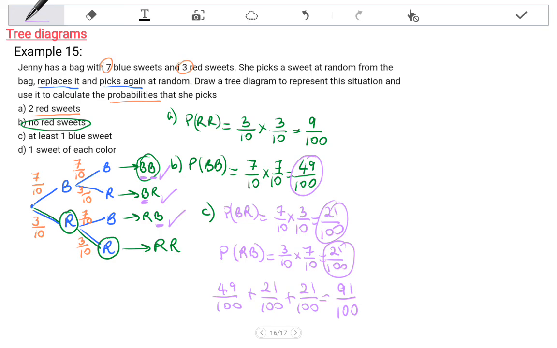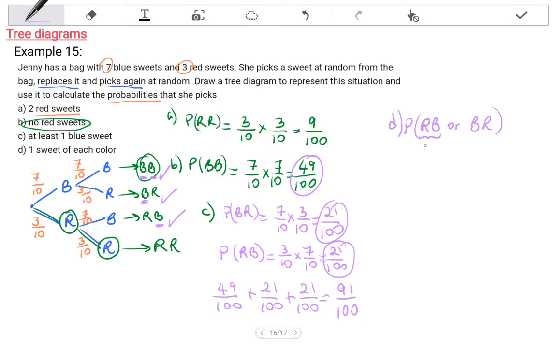Okay, in part D, the last one, we are looking for one sweet of each color. So I need one blue and one red. In choosing two sweets, I need to see one blue color and one red color as an outcome. So I have two options here. I may have a red and blue together, or I may have a blue and red together. The probability values of these can be found.